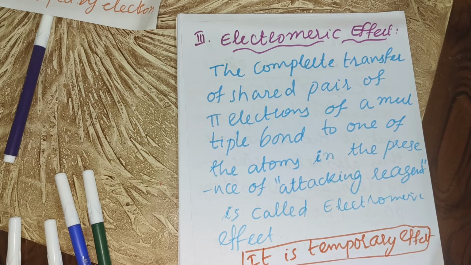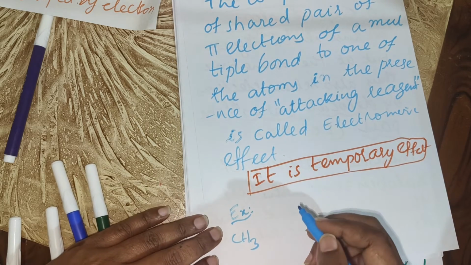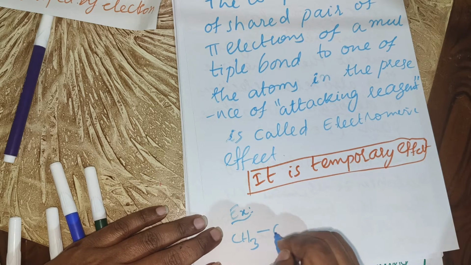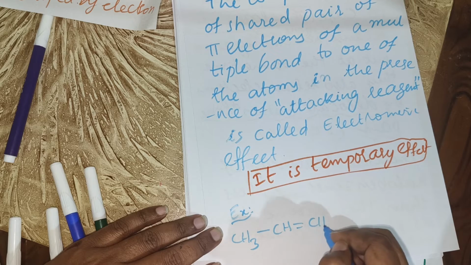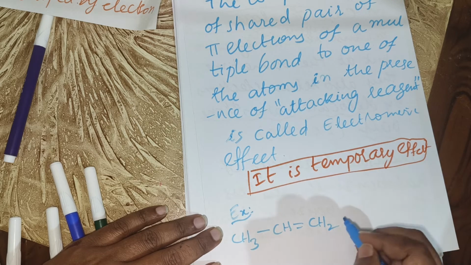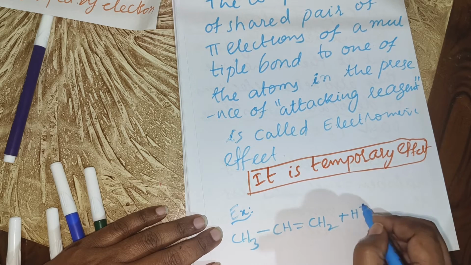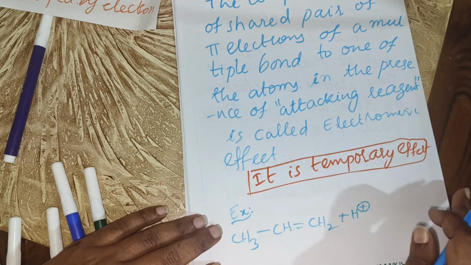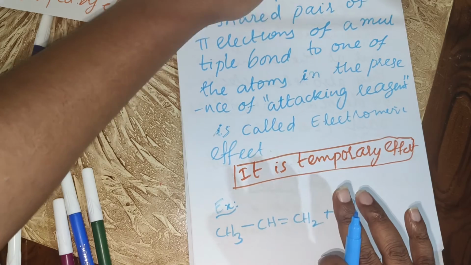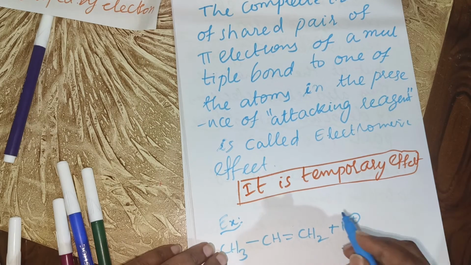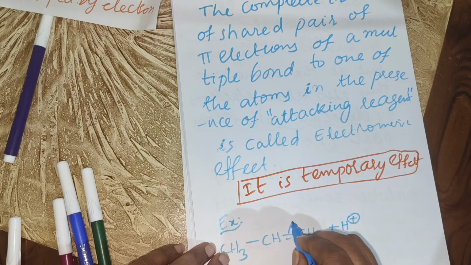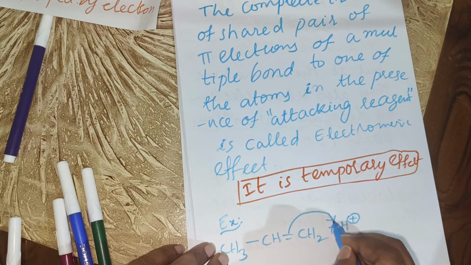Take a propene molecule, CH3 CH double bond CH2. Take an acid, any acid which contains H plus. The acid itself contains H plus. Then what happens here is it goes and attacks on the acid.